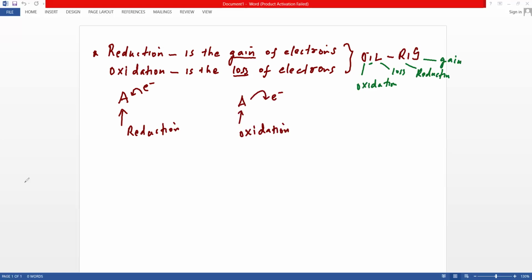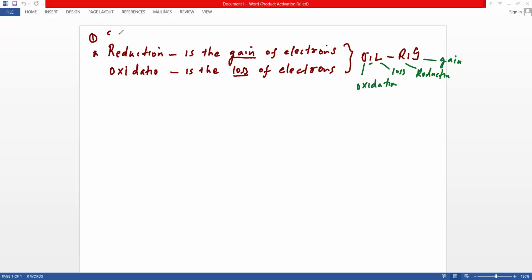This is what you need to know if they say define reduction or oxidation. Reduction is the gaining of electrons, and oxidation is the loss of electrons. This is according to electron transfer.